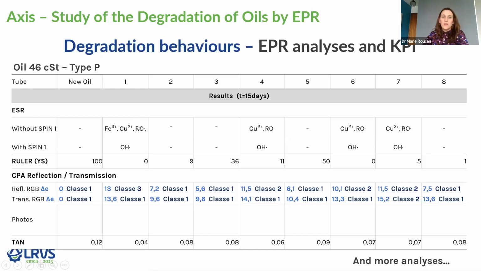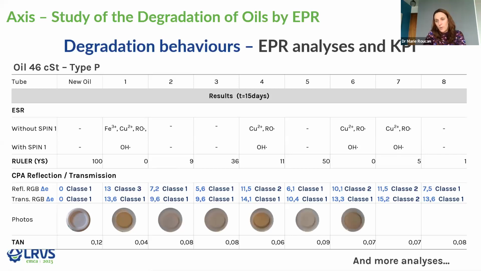You can see that there is oxygen species which has been seen, and also some very reactive species. Then we correlated it with the CPA, and it shows that every time you have some species forming, you can see a deposit on the CPA.